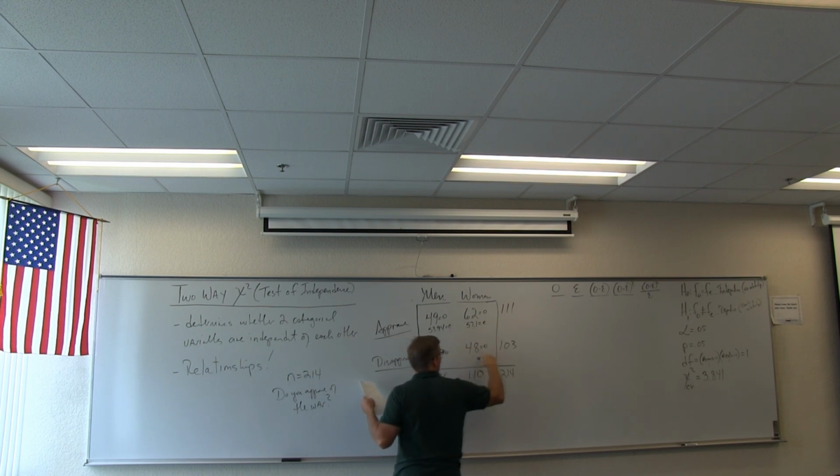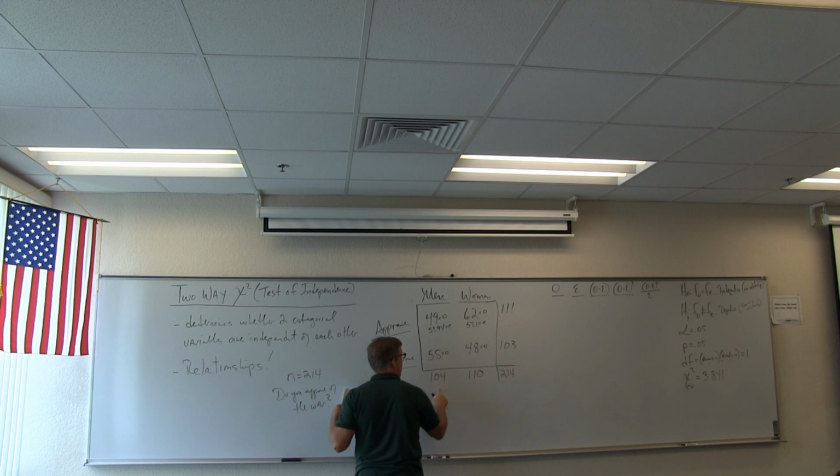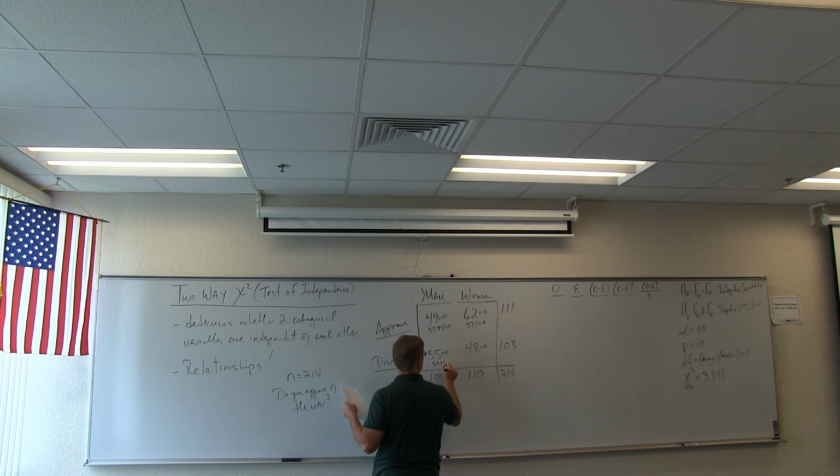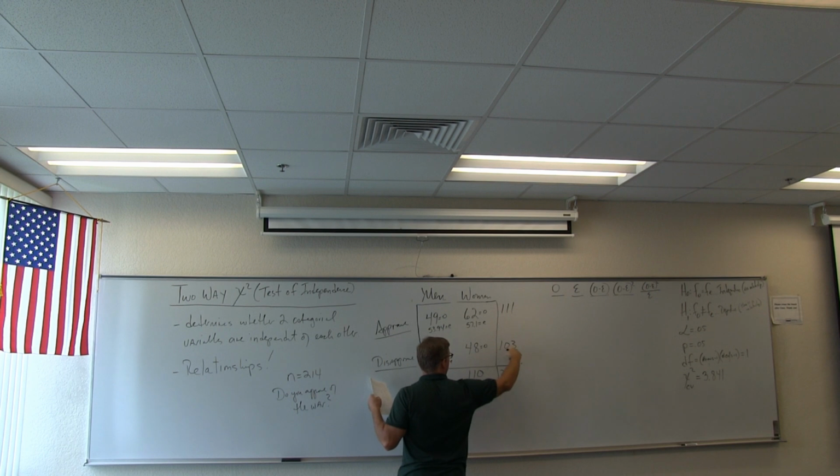For this cell, 103 times 104 divided by 214 gives us an E of 50.06. For this cell, 103 times 110 divided by 214 gives us an expected frequency of 52.94.